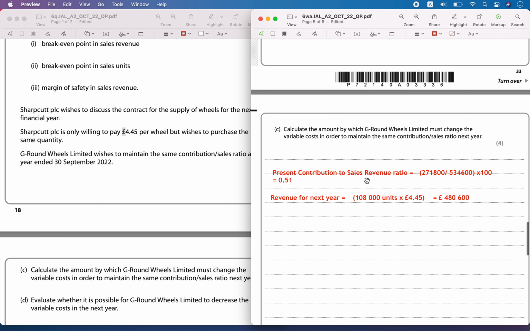Now the contribution to sales revenue ratio is going to be the same. So what will be the new contribution?